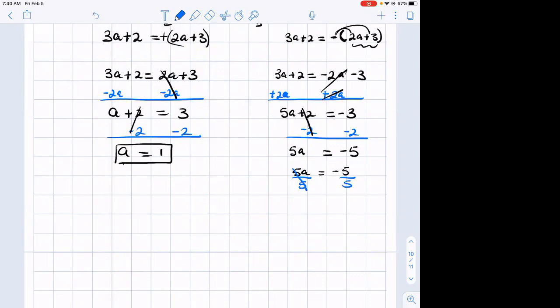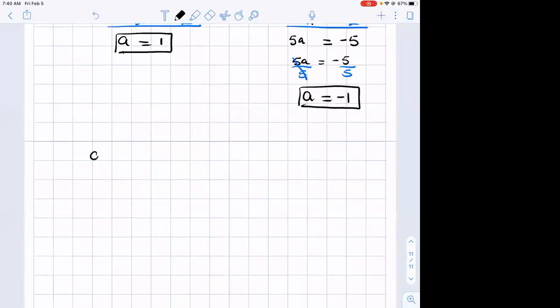And that becomes a 1. So a, we have a is equal to negative 1. But we are not finished. Remember, you have to check. Okay? You must check your answer.